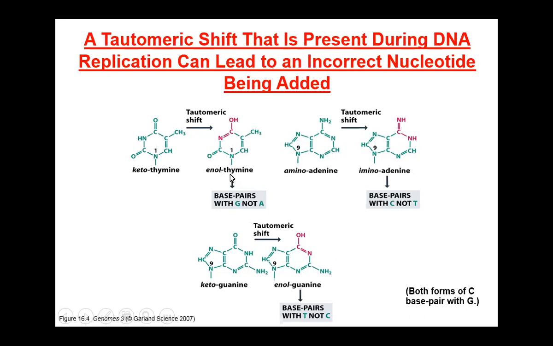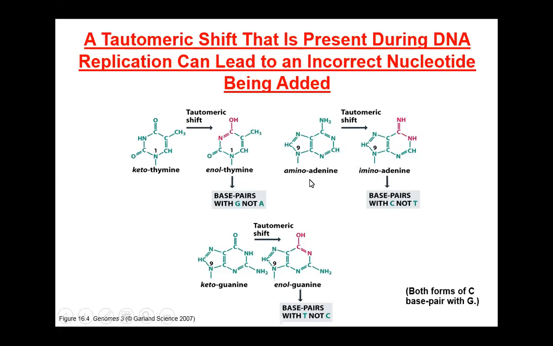For instance, with thymine, what normally is complementary to thymine? Adenine, right? But now, when the thymine is in its tautomeric form and DNA replication is taking place, instead of an adenine nucleotide being added, a guanine nucleotide is added instead. Okay, so that would be an example of a spontaneous mutation.